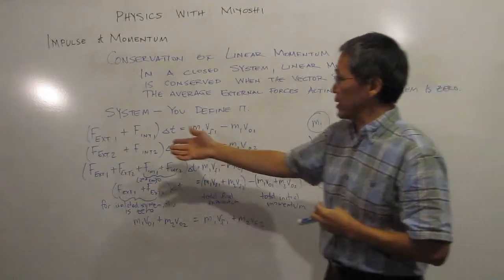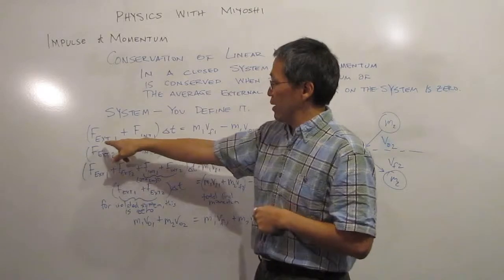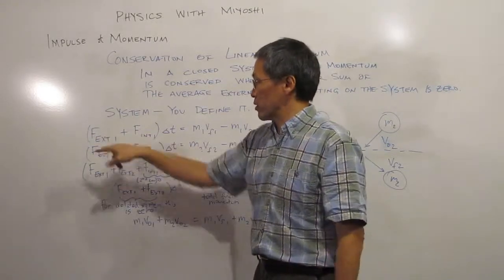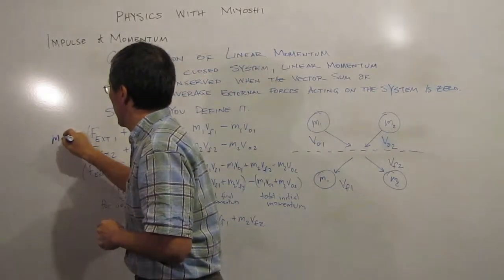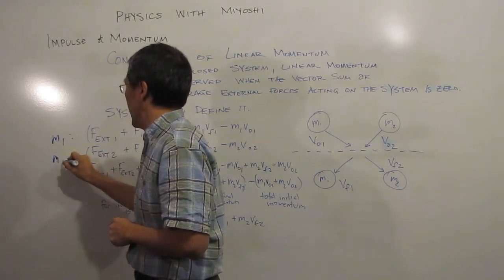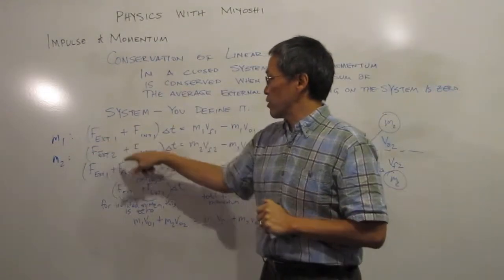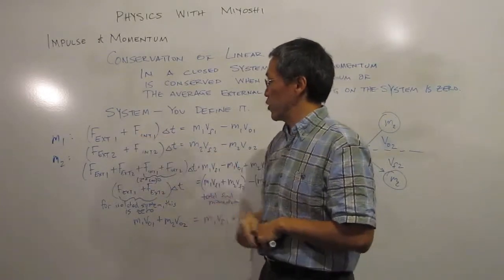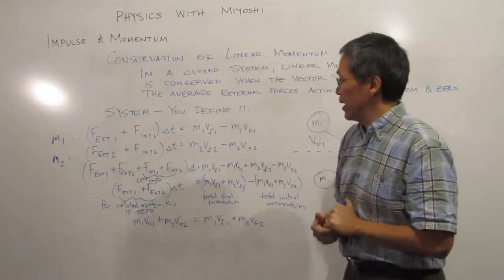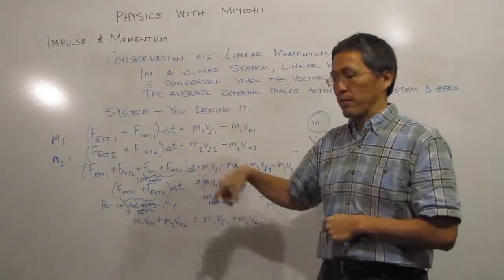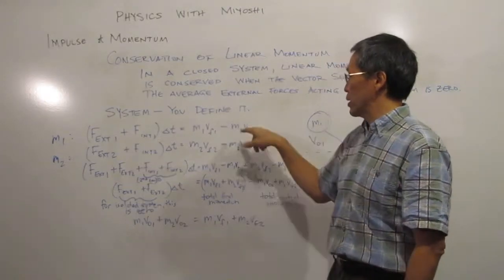How we do that is we go back to the impulse-momentum formula, and we look at the forces. Normally what you do is you define the external forces and the internal forces. So if we look at the first and the second mass, the external forces acting on it plus the internal forces acting on it, times our time, which is just our impulse, is going to equal our change in momentum: mass 1 times velocity final minus mass 1 times velocity initial.